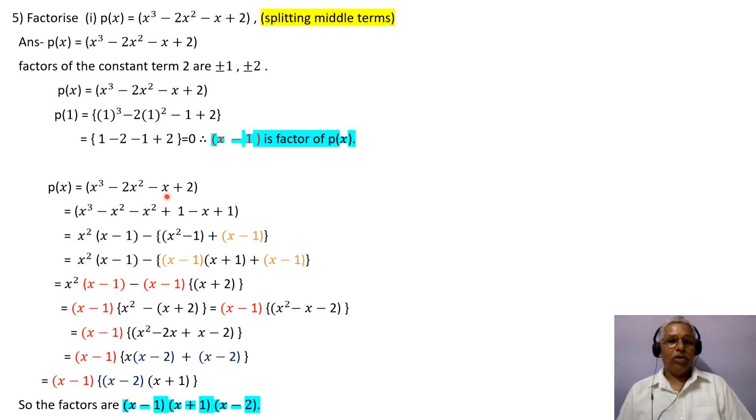Now 2 is again split as plus 1 here and plus 1 here. Look at it, how you have to split it very intelligently. So it is written like this: x is written here, and of the 2, one is here and 1 is here. This is accompanying this.